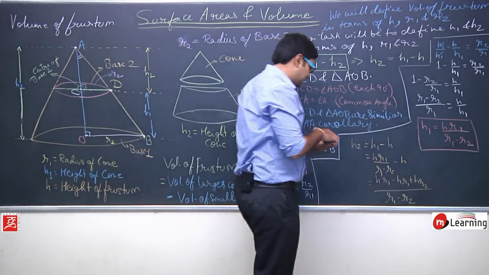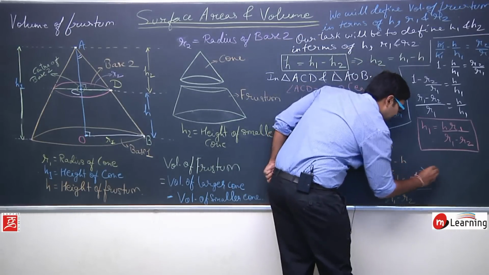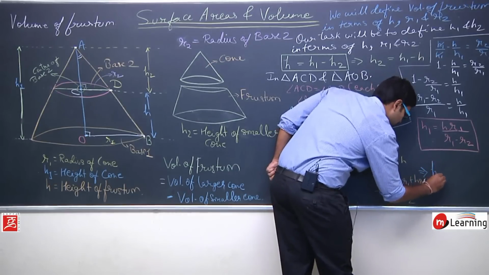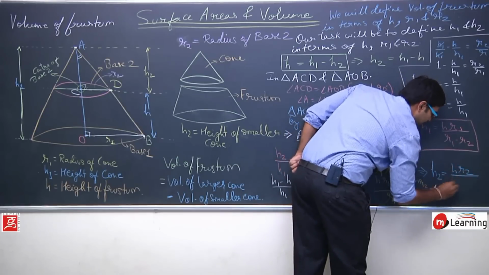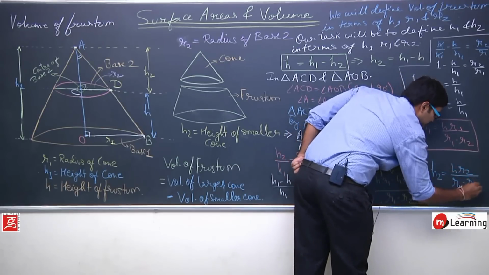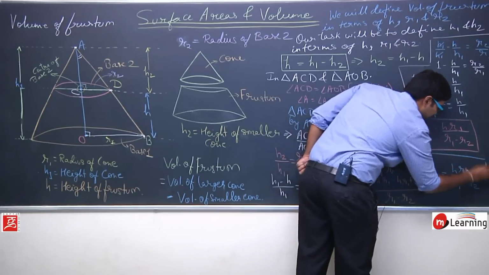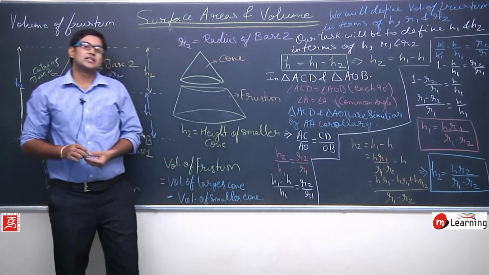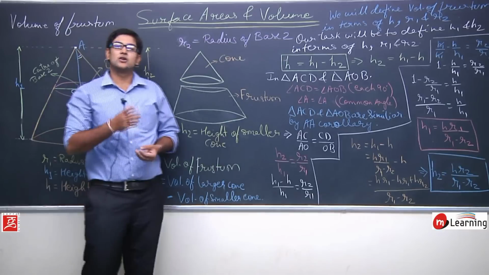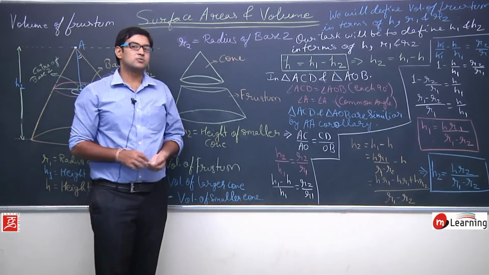So the value of H2 is equals to H R2 divided by R1 minus R2. This is the value of H2. H2 represents the height of the smaller cone.